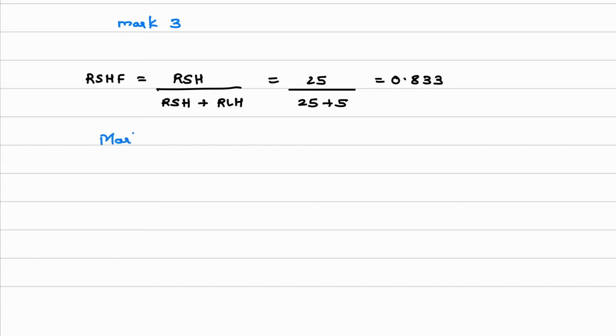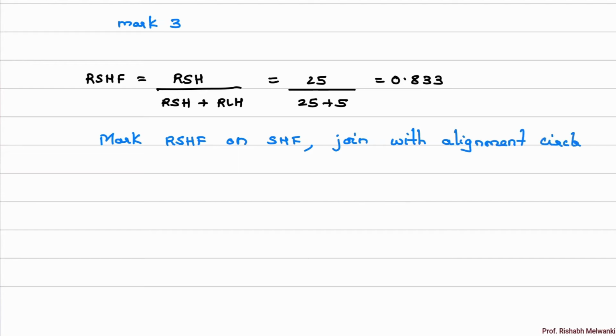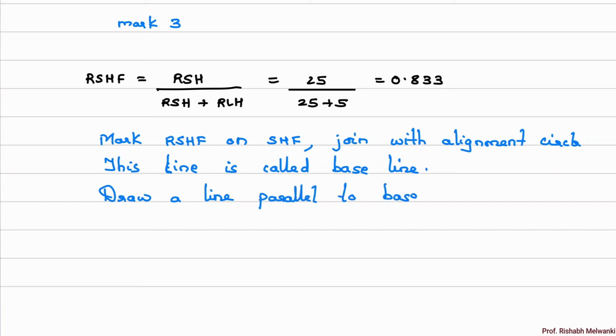Mark RSHF on the SHF scale, join with the alignment circle. This line is called the baseline. Now next, draw a line parallel to the baseline, passing through point 2.